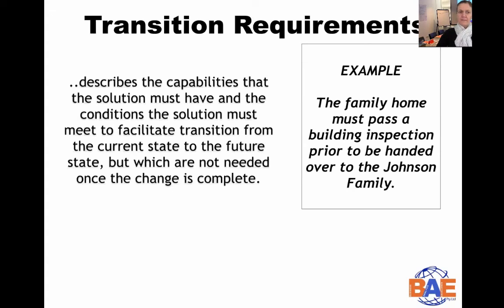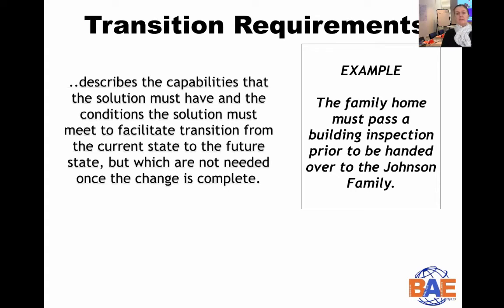Okay, so let's move to the last type of requirement, the transition requirement. The BABOK describes this as the capabilities that the solution must have and the conditions the solution must meet to facilitate transition from the current state to the future state, but which are not needed once the change is complete. So that's the important part.